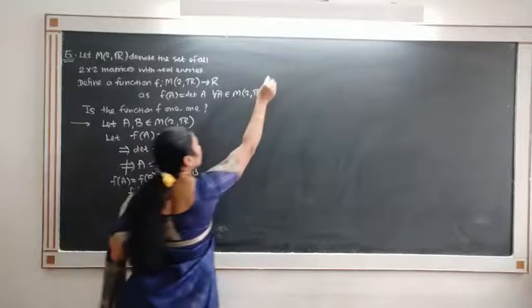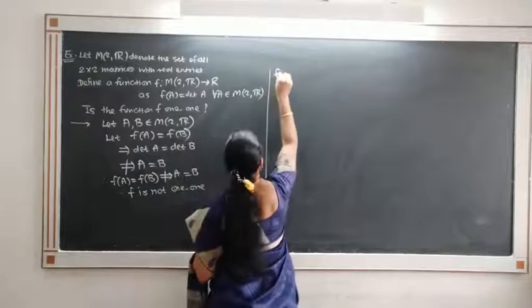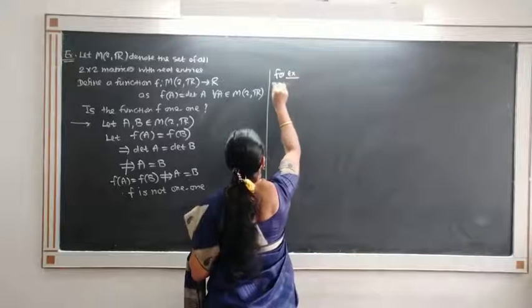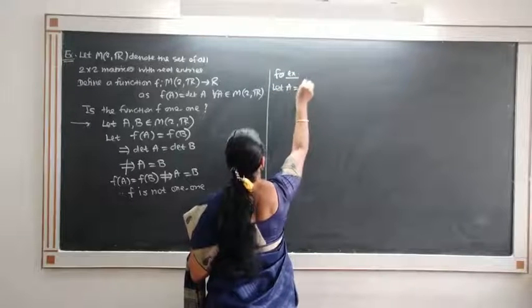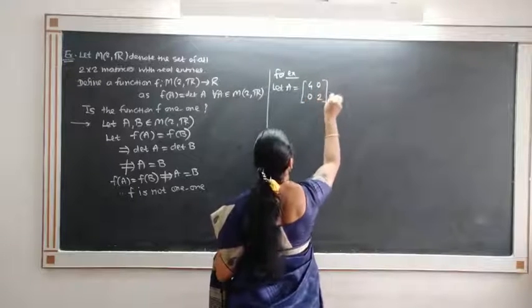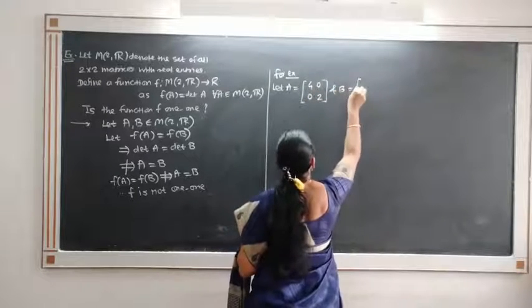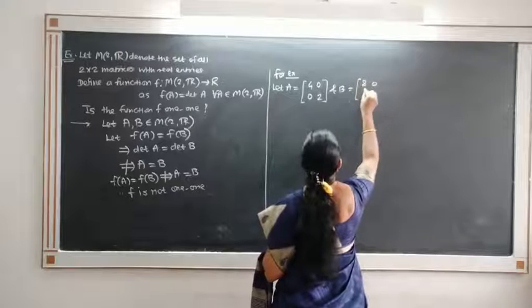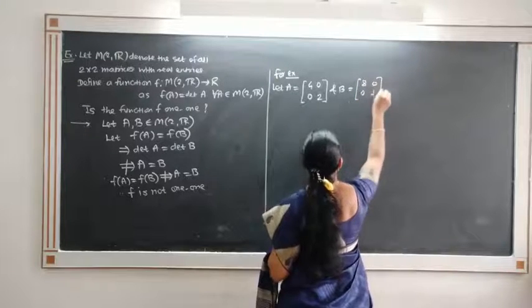For example, let A matrix be given, and B matrix is 8 0 0 1.